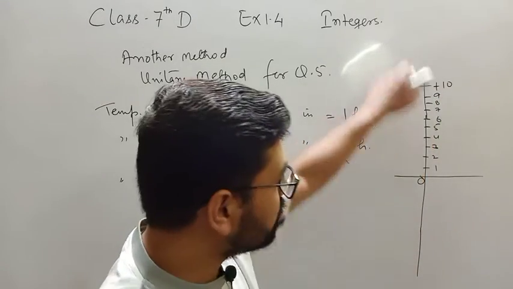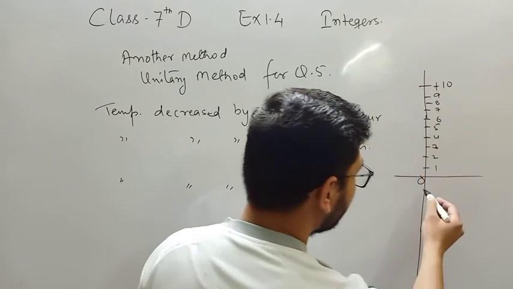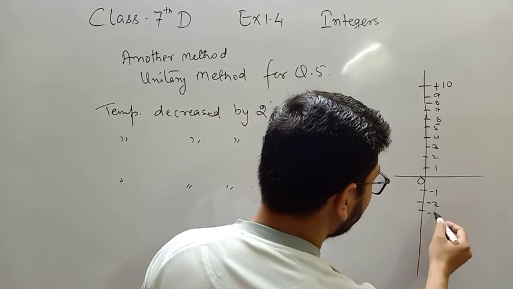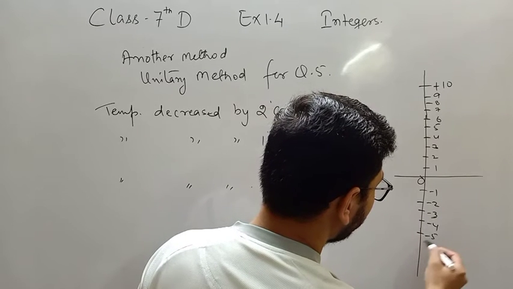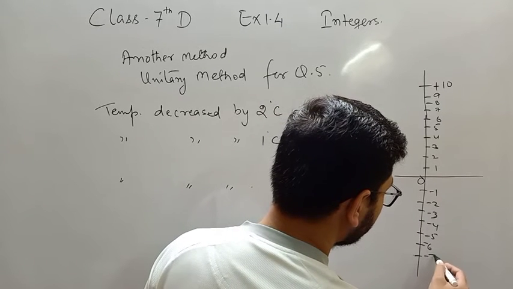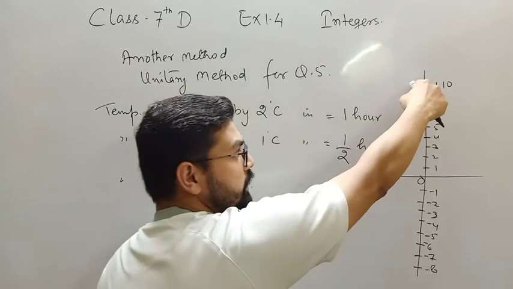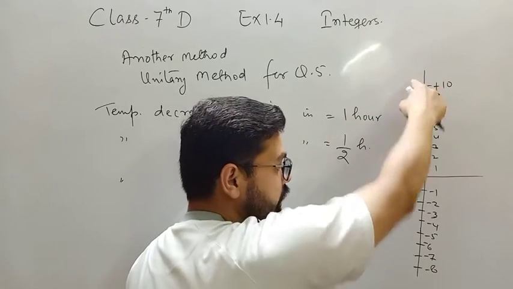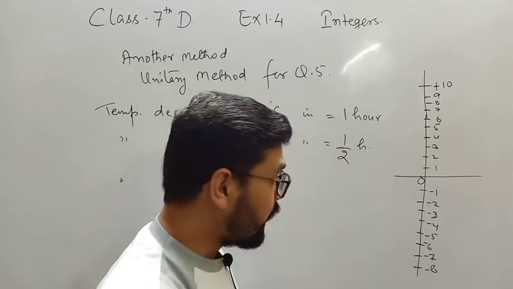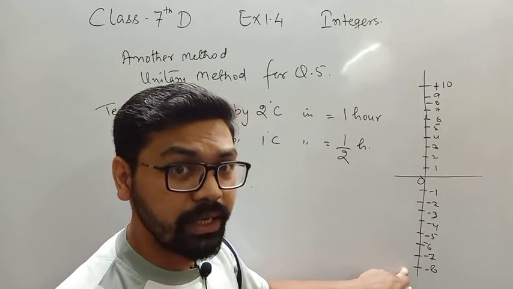So these are the positive values. Then -1 -2 -3 -4 -5 -6 -7 and -8.